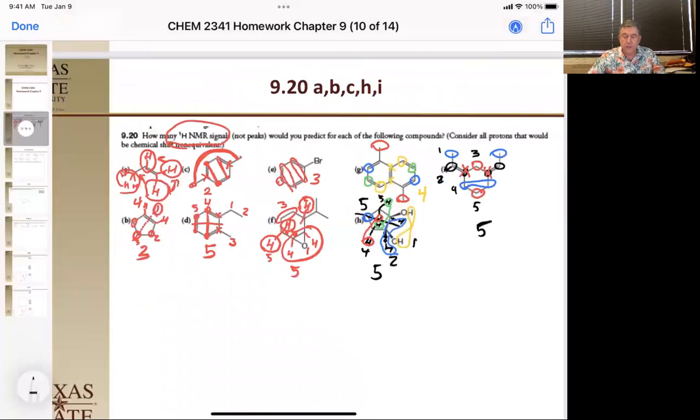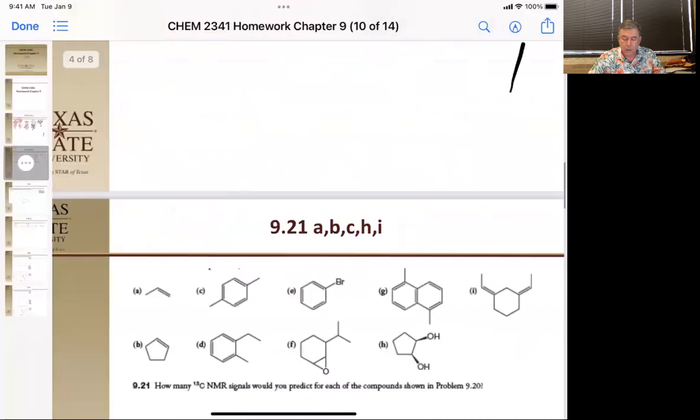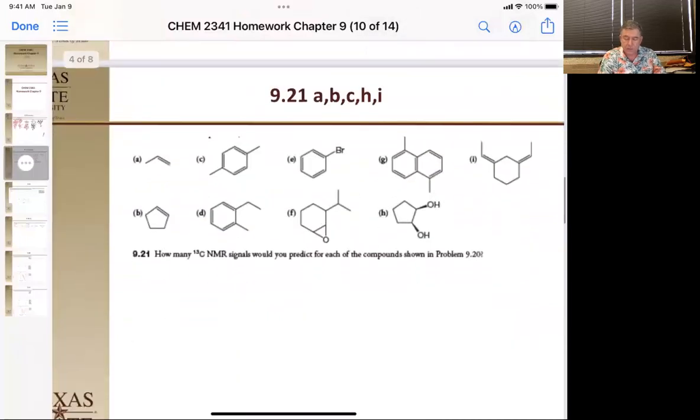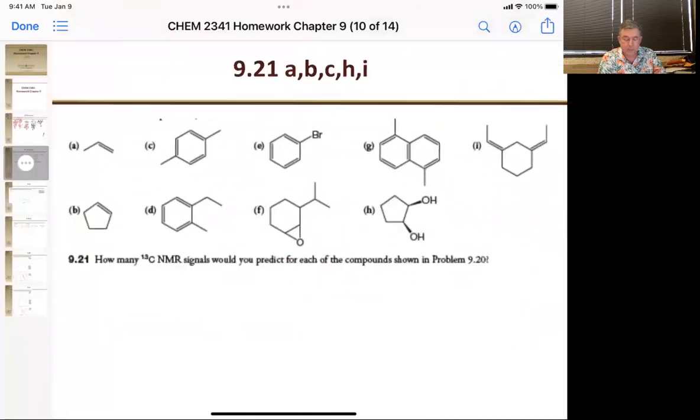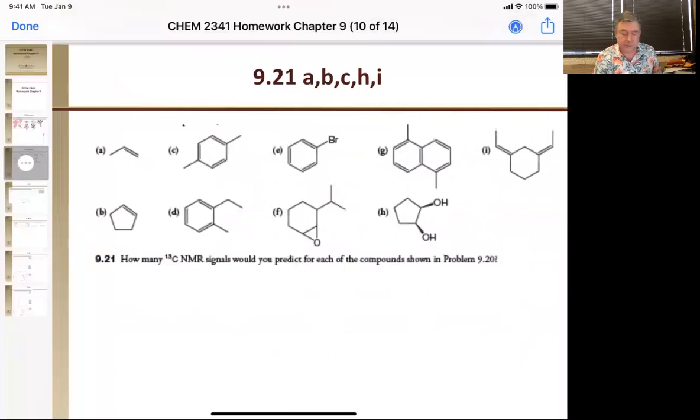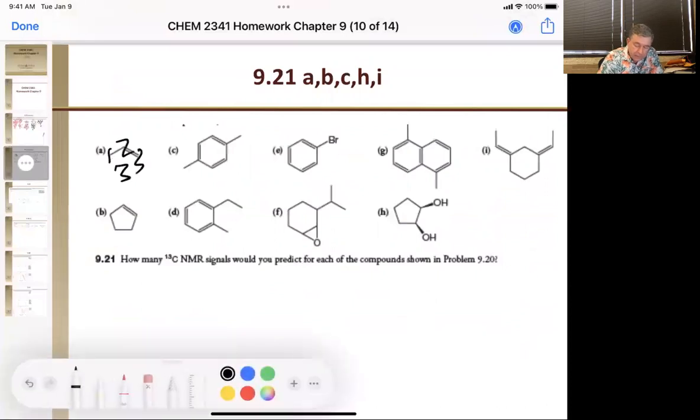Okay, so let's go ahead and start picking our carbon NMR. We're going to do carbon NMR for these. And that should be a little easier because we don't have to worry about hidden hydrogens. So we're just going to go 1, 2, 3 because they're all different. So we're going to have 3 for that one. Okay, let's go ahead and do 1, 2.